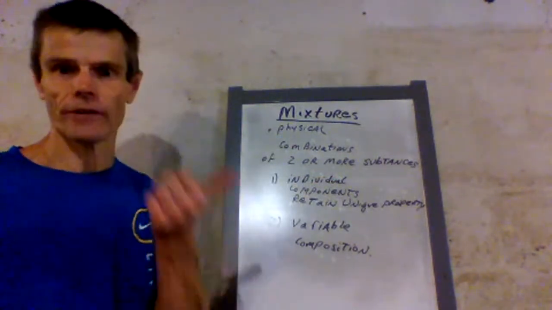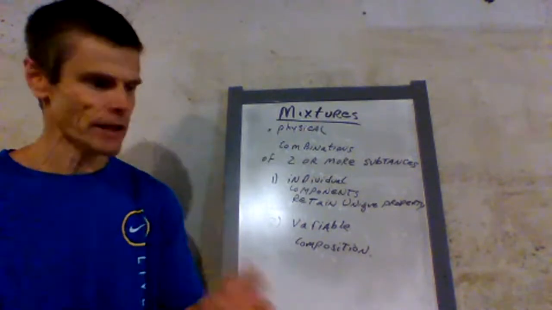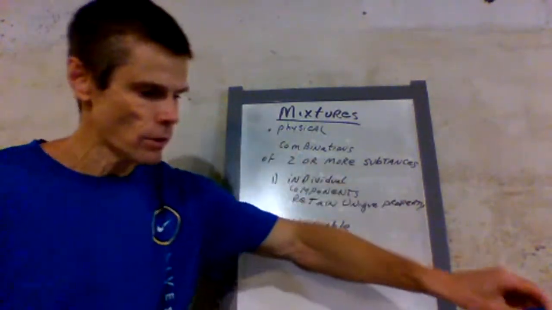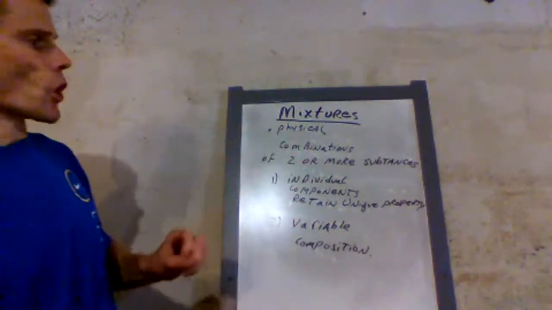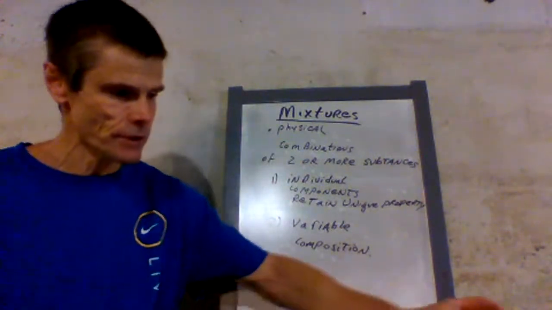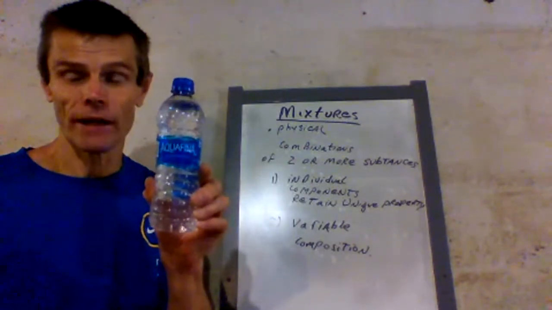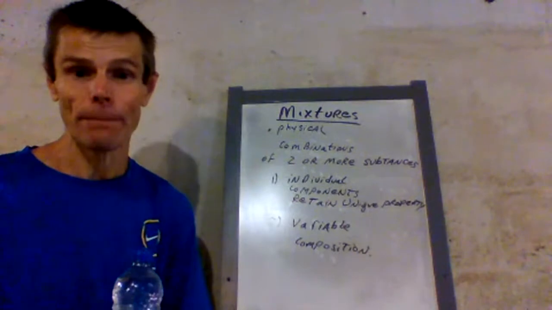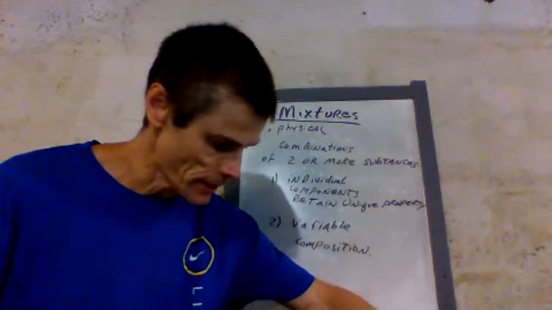Pure substances have a fixed composition. Regardless of where we collect that sample from, pure water is always H2O. Big important feature also, mixtures are the physical combinations of two or more substances. Pure substances are chemical combinations. They're formed by chemical bonds. And we'll learn more about the nature of chemical bonding a little bit later in this course.